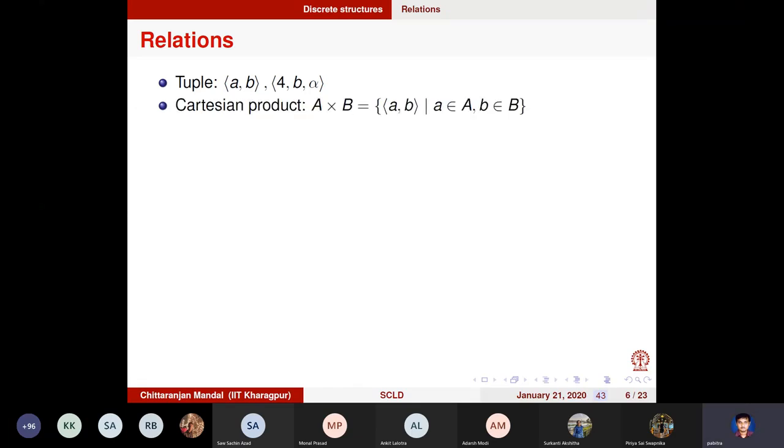The Cartesian product of two sets A and B is another set whose elements are all such tuples.